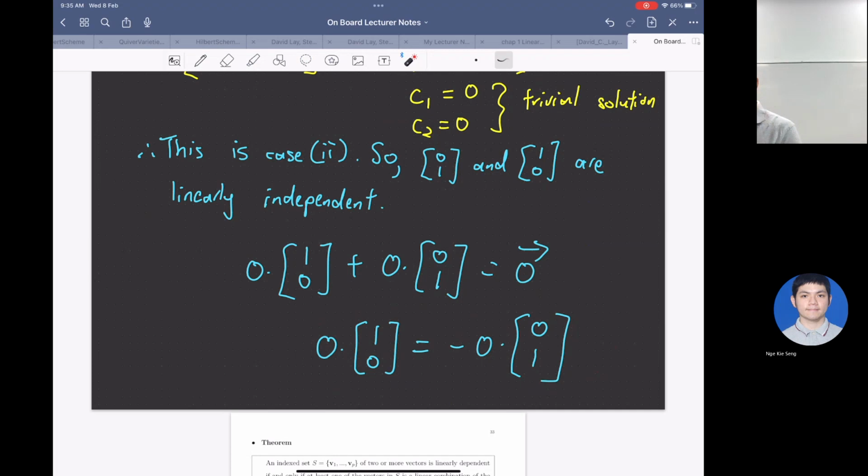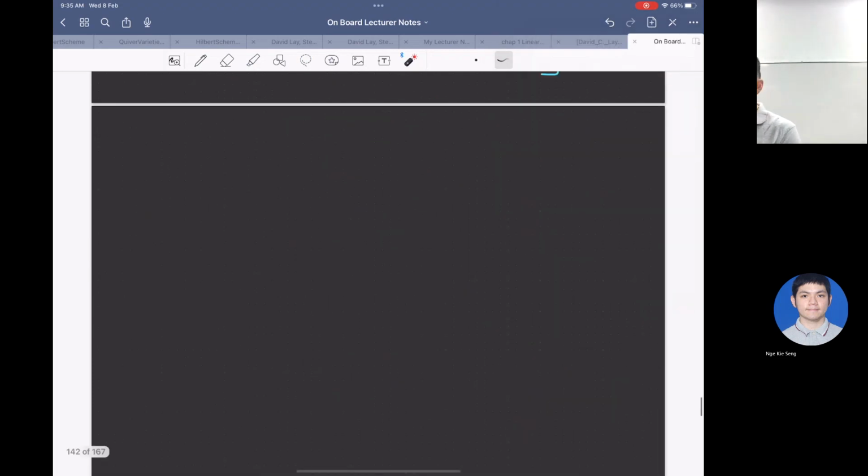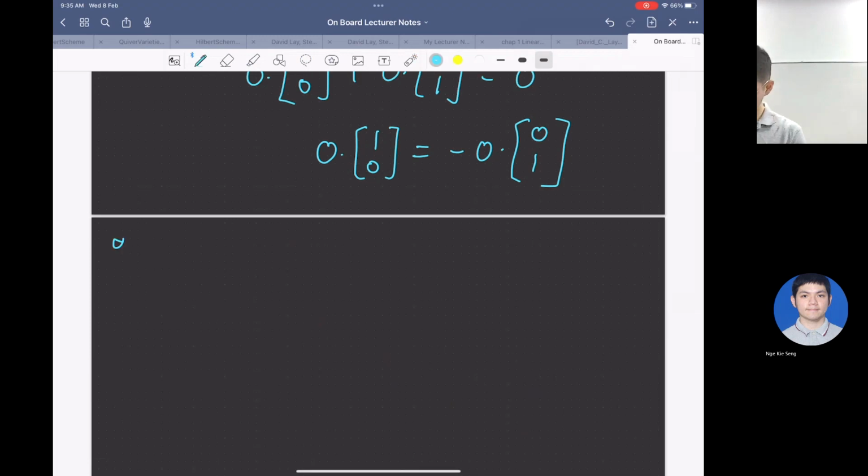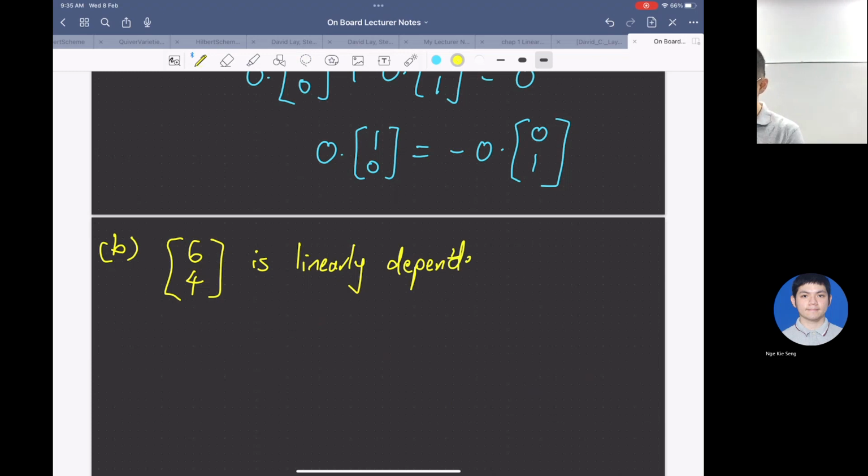Okay. So for example, maybe you don't believe something is happening here. Let me give you another example. Next example: is (6, 4) linearly dependent on (3, 2)? The claim is that (6, 4) is linearly dependent on (3, 2).